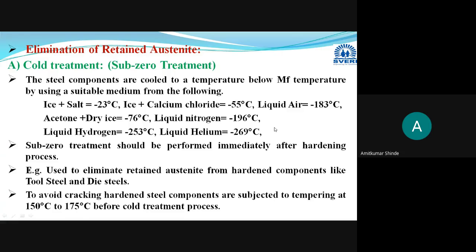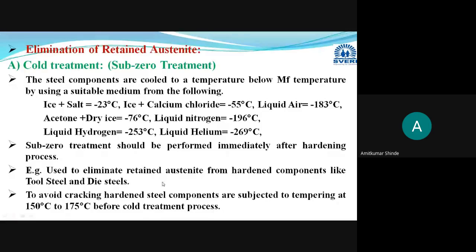If the carbon percentage is higher, this Mf temperature will be in the negative temperature zone, and depending on that range we can use different mediums. At the end of hardening, you collect the component, dip it in whichever medium you have selected, and after providing sufficient time, remove the component.